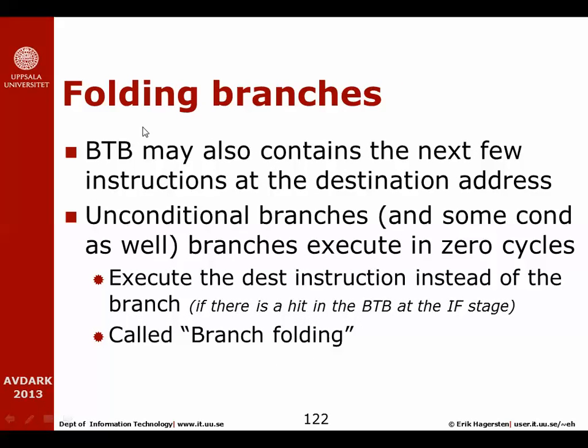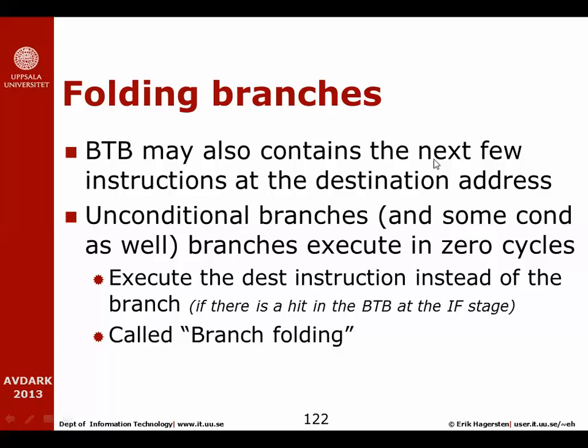You can make these branch target buffers actually quite intelligent and quite efficient. It's not uncommon that the branch target buffer not only stores the address of the next instruction, but could also contain the next instruction or the next few instructions as well.